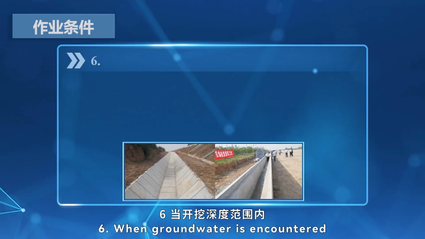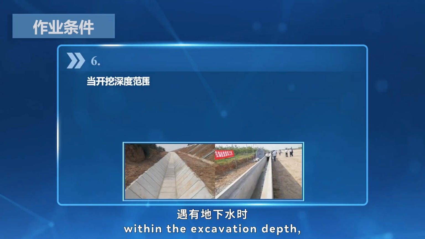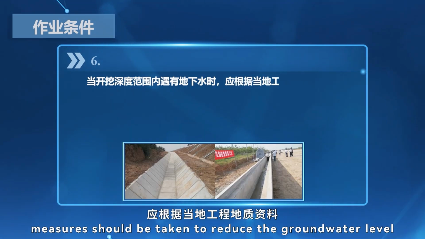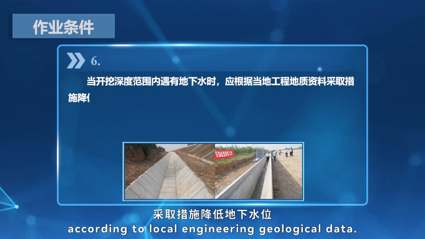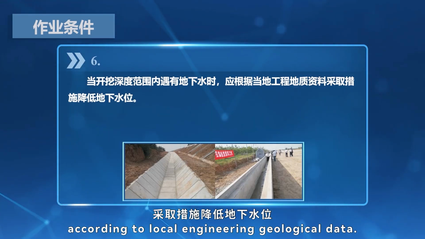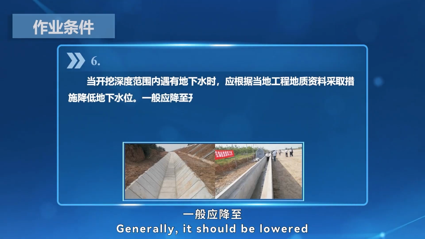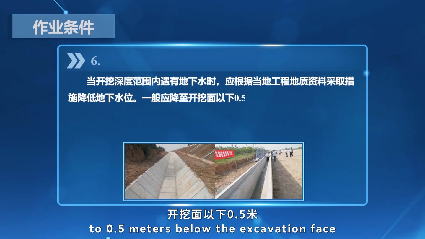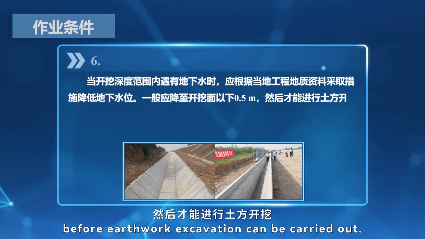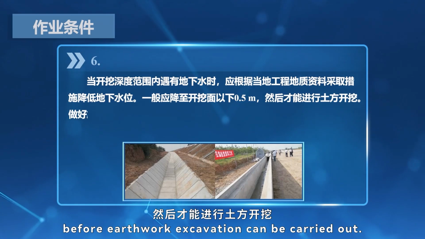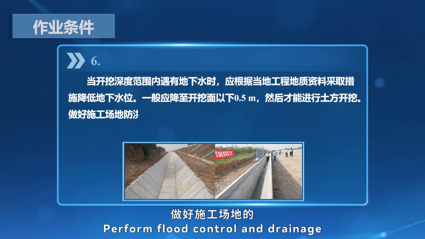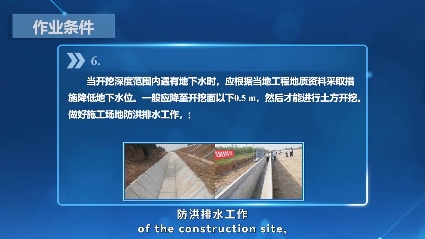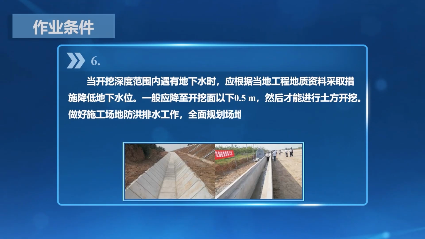6. When groundwater is encountered within the excavation depths, measures should be taken to reduce the groundwater level according to local engineering geological data. Generally, it should be lowered to 0.5 meters below the excavation face before earthwork excavation can be carried out. Perform flood control and drainage of the construction site.